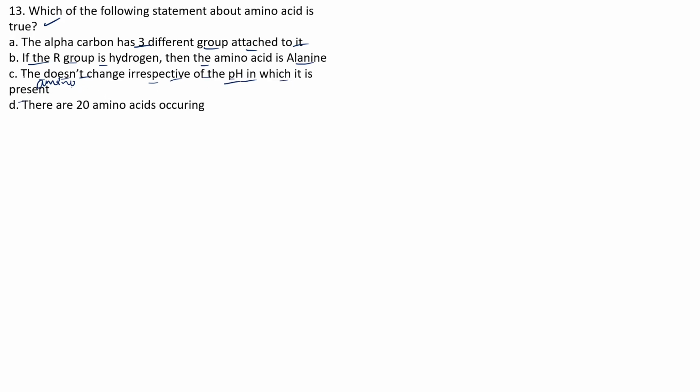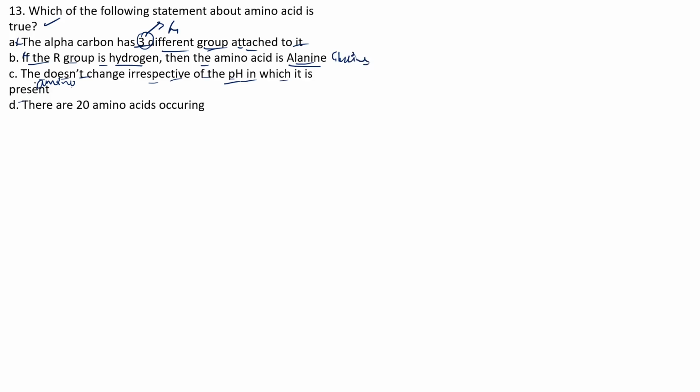I think this is what the option should be, and there are 20 amino acids occurring, right? So they say that 3 different groups are attached to it, but actually 4 different groups are attached to the alpha carbon. And if the R group is actually hydrogen, the amino acid is called glycine, not alanine, right? So hence the B statement is also not true.